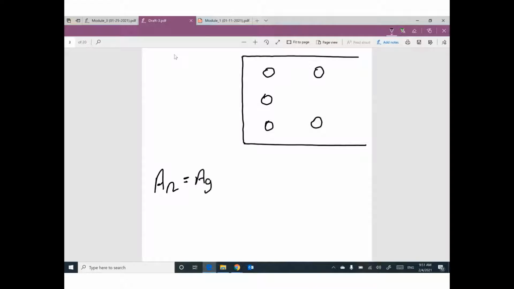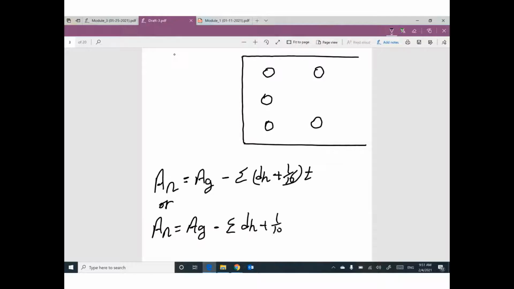Area gross minus summation d hole plus 1/16 times t, or area net equals area gross minus summation d hole plus 1/16 times t plus summation s square divided by, I believe, 4g times t. Which equation am I going to use? Any answer? What do you think?